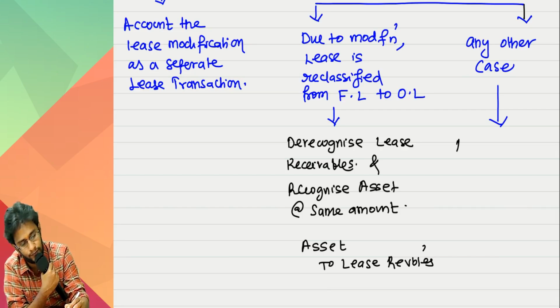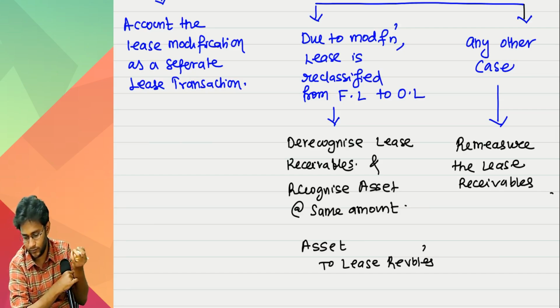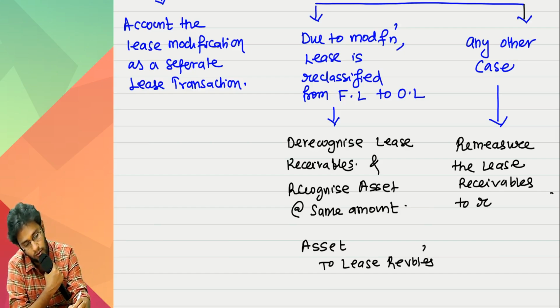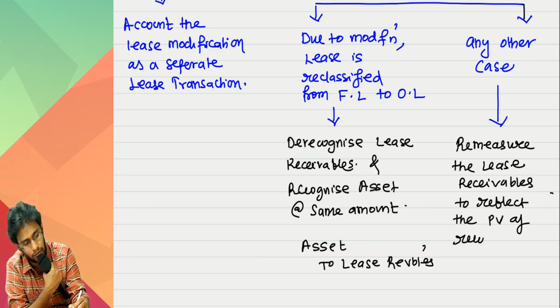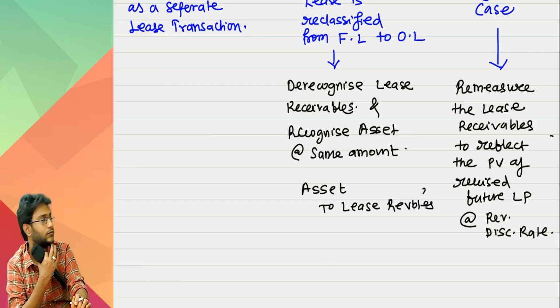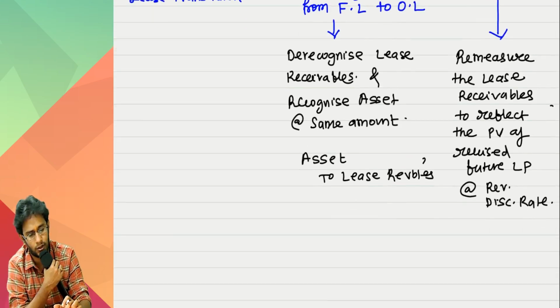All you have to do is remeasure the lease receivables to reflect the present value of revised future lease payments at the revised discounting rate. Modification of the old discounting rate, let it go. Just like the lessee case. Some of these questions are not there, but on the safe side we are covering this.